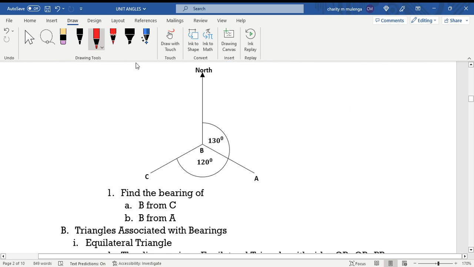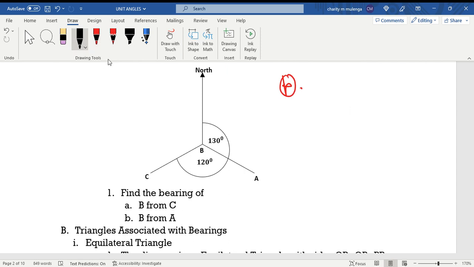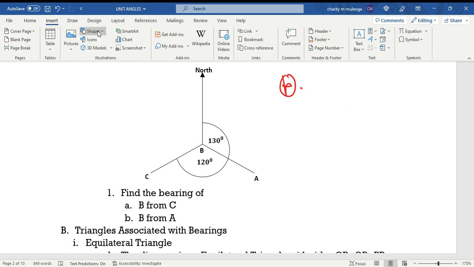Let's look at the last question. Let me start with B. So with B, I'll just stick to one method for the sake of time. Again, what do we do?